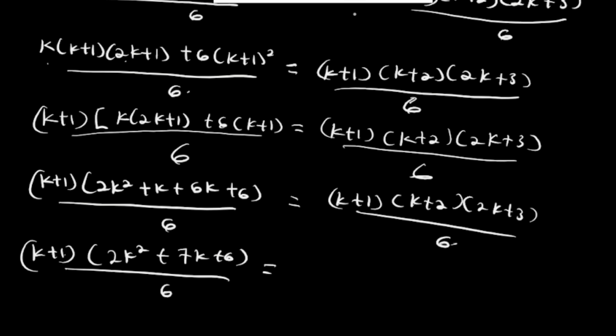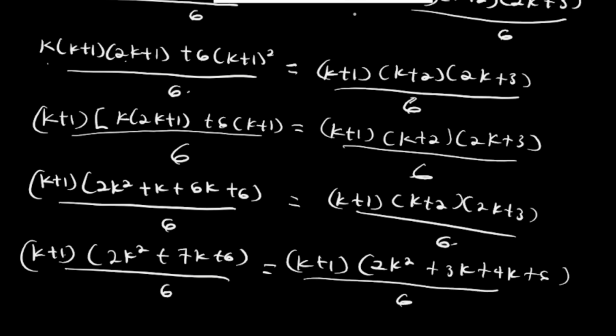Now, since I have k plus 1 here, let me also multiply what I have here in order to get something like this. So k multiplying 2k will give us 2k squared, k multiplying 3 will give us 3k, 2 multiplying 2k will give us 4k, and 2 multiplying 3 will give us 6. Everything out of 6.